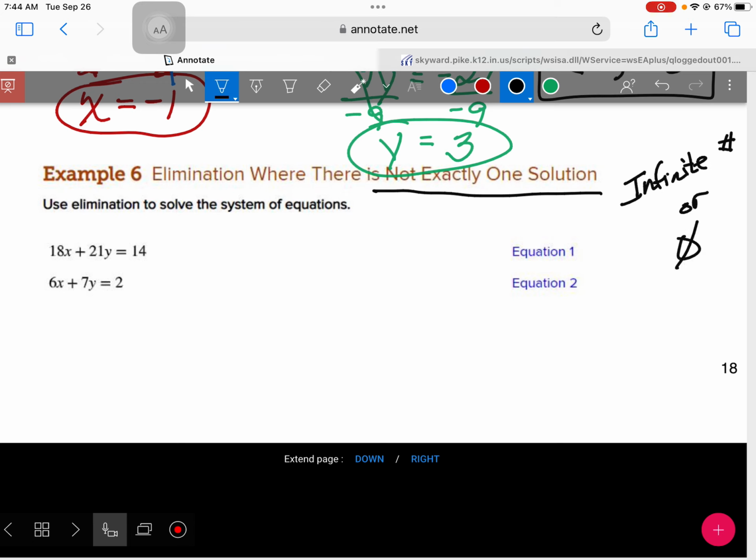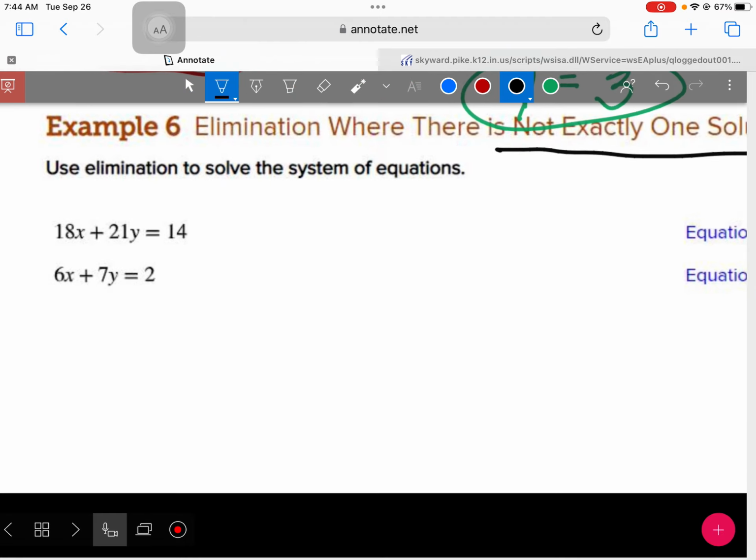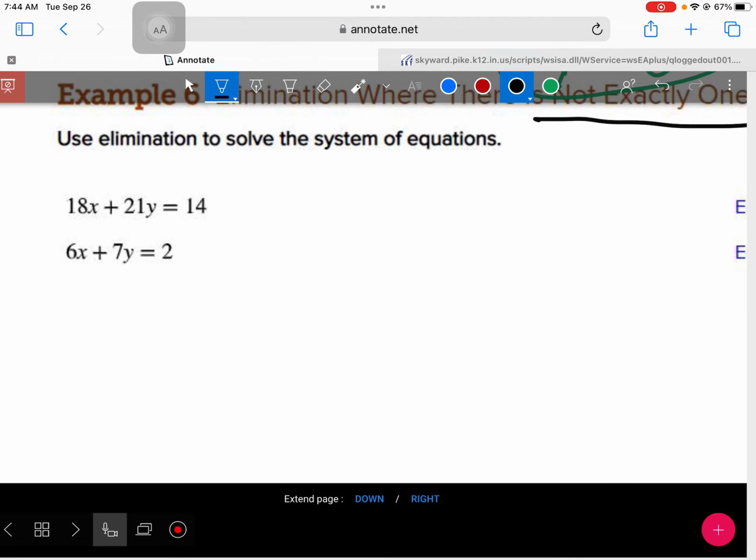Okay? All right, so as I look at these two equations, 18x plus 21y is equal to 14, and 6x plus 7y equals 2. I'm looking for like terms that are opposites. Do you see any right now?